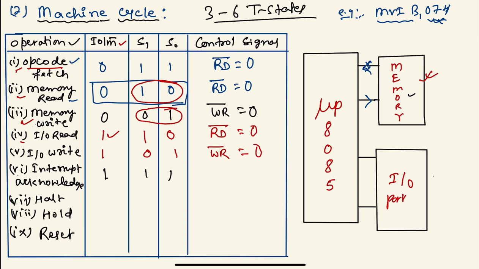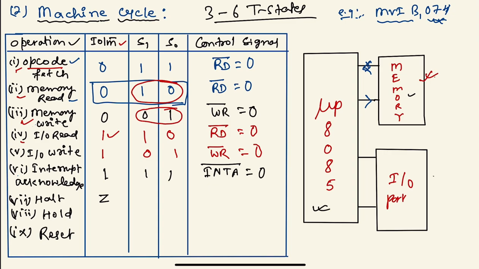So IO/M bar, S1, S0 having the status 1 1 1 indicates that the microprocessor is performing an interrupt acknowledgement. And once the microprocessor acknowledges that interrupt request, this signal is raised, and the control signal raised will be INTA bar equal to 0. For the halt operation, IO/M bar is Z. Z means high impedance state.